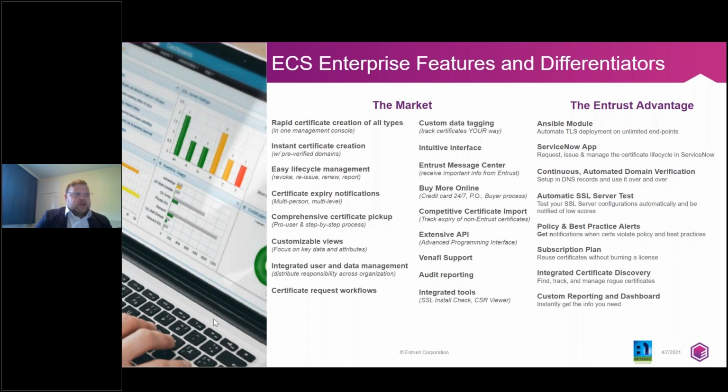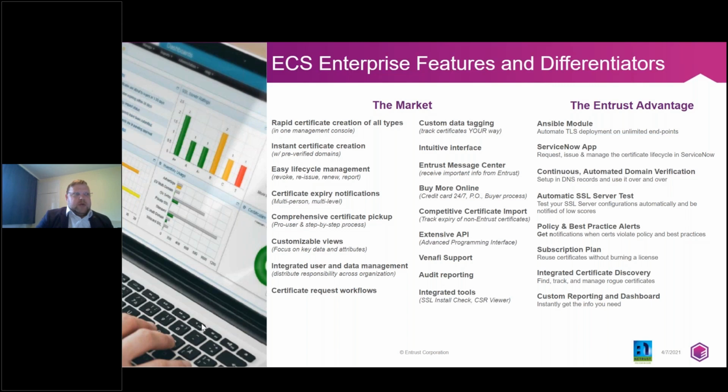The market is also looking for self-service ordering and contract options, as well as services that support the ability to import and manage non-Entrust certificates from within the same console. And finally, options that allow an enterprise to integrate with other solutions using a REST API.